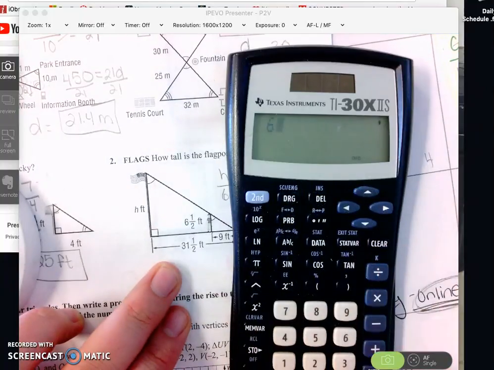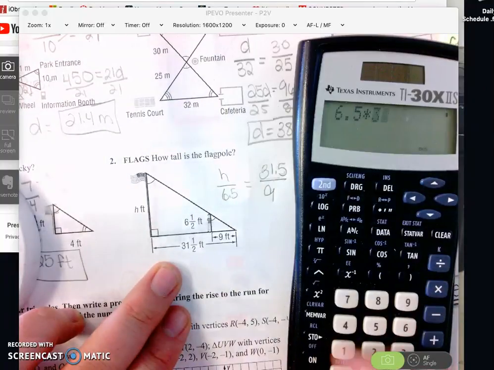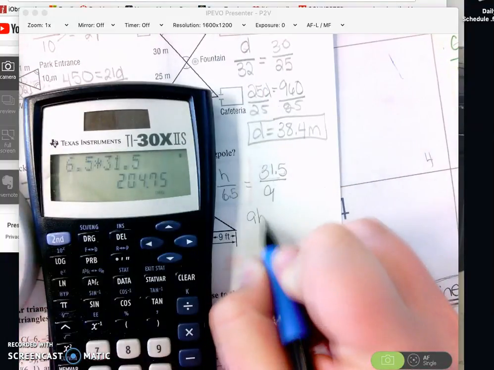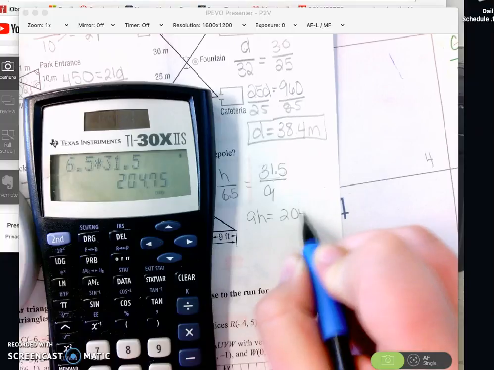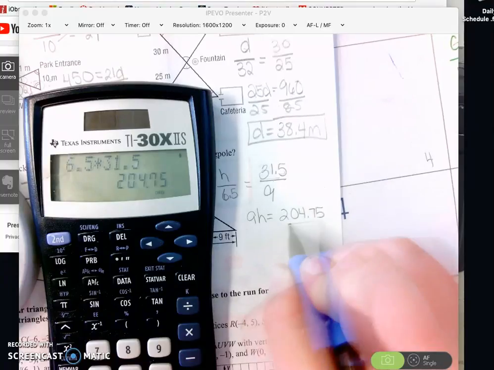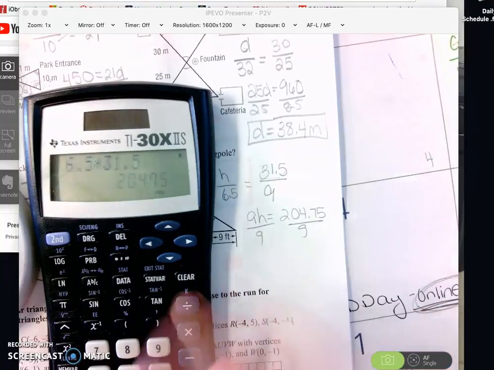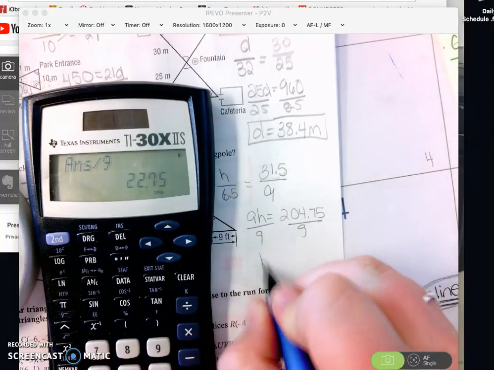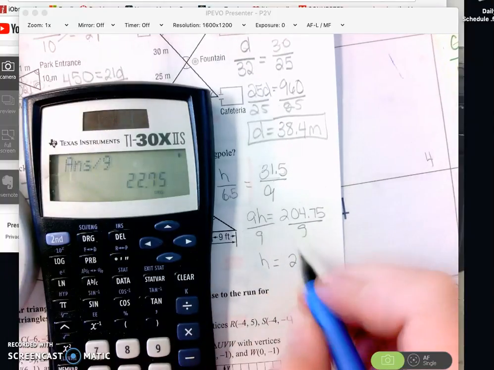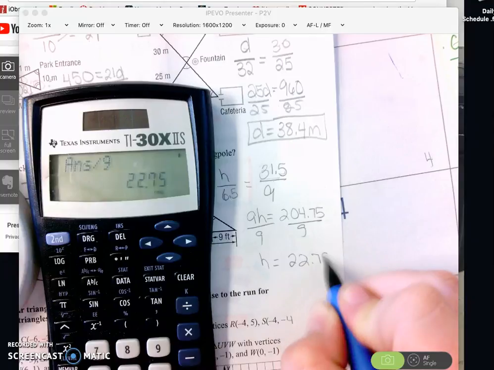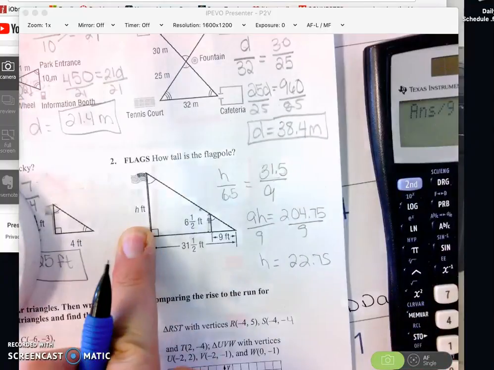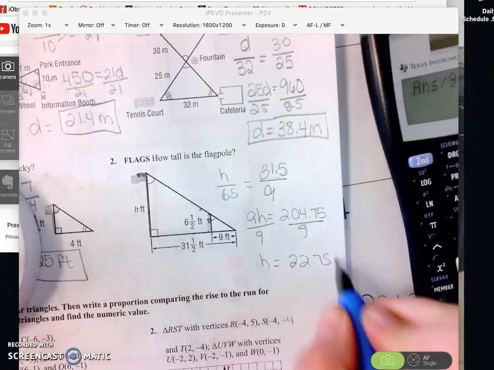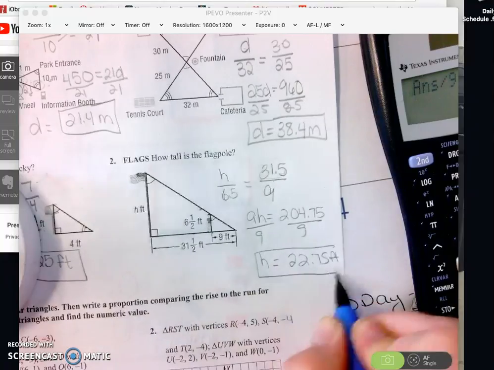So 6.5 times 31.5, so that's 9h equals 204.75 divided by 9. So this height here is 22.75. Don't forget to label it.